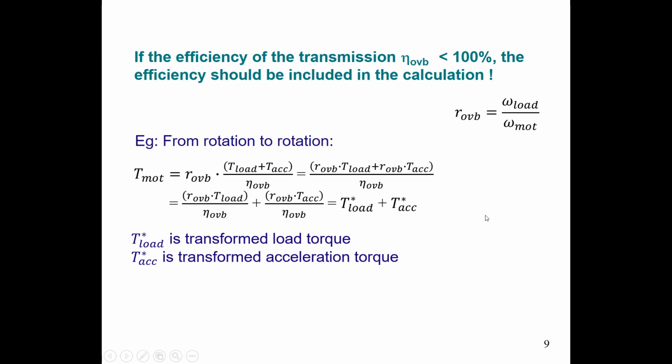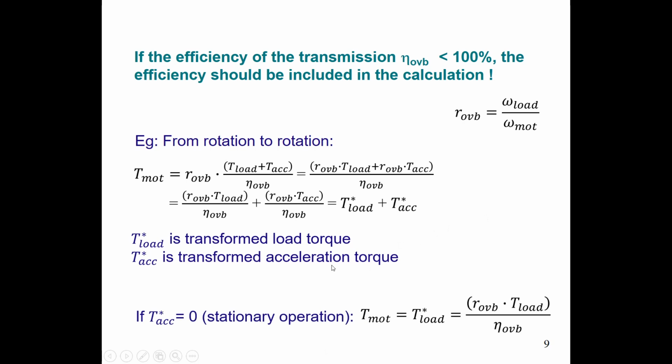What is important is that the efficiency only has impact on the torque, so not on the angular speed, only on the torque. So in a static situation, we can say the motor torque equals the transformed load torque, which is the load torque multiplied by the transmission ratio and divided by that efficiency again. So again, the efficiency only has impact on the motor torque, not on the speed.